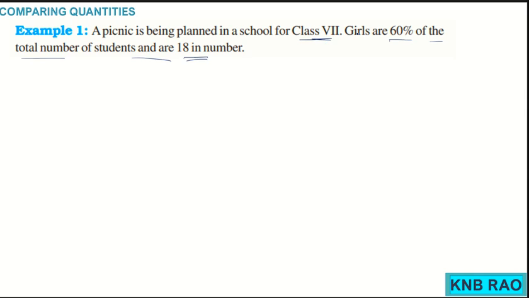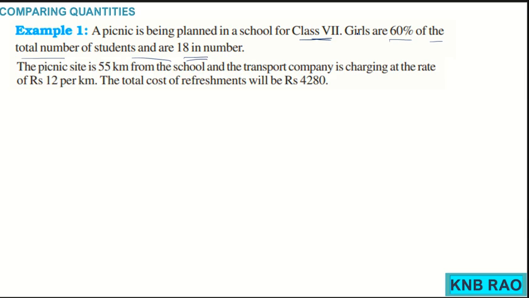Now, read the question completely. Then there is another statement. The picnic site is 55 kilometers away from the school, and the transport company is charging at the rate of rupees 12 per kilometer.